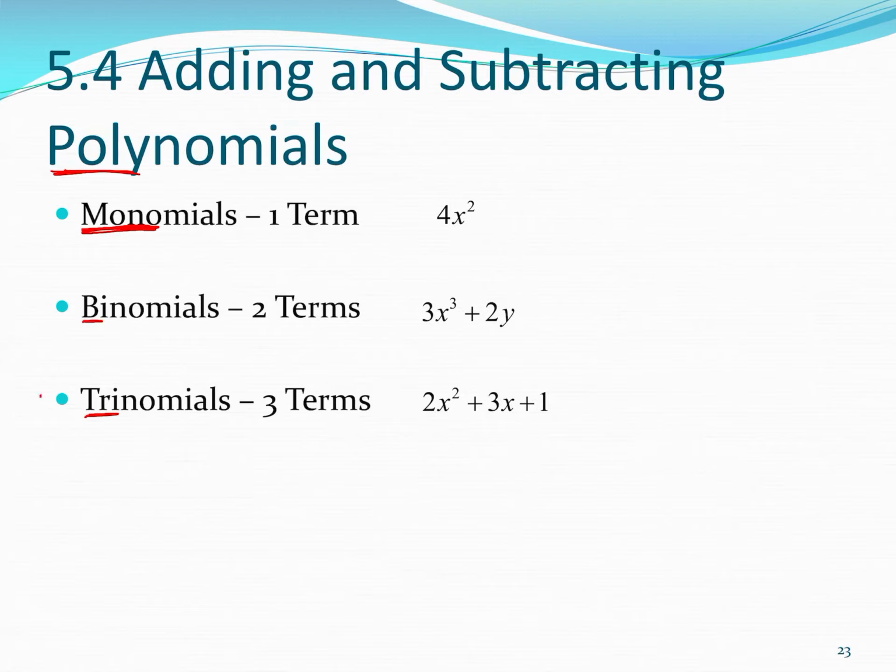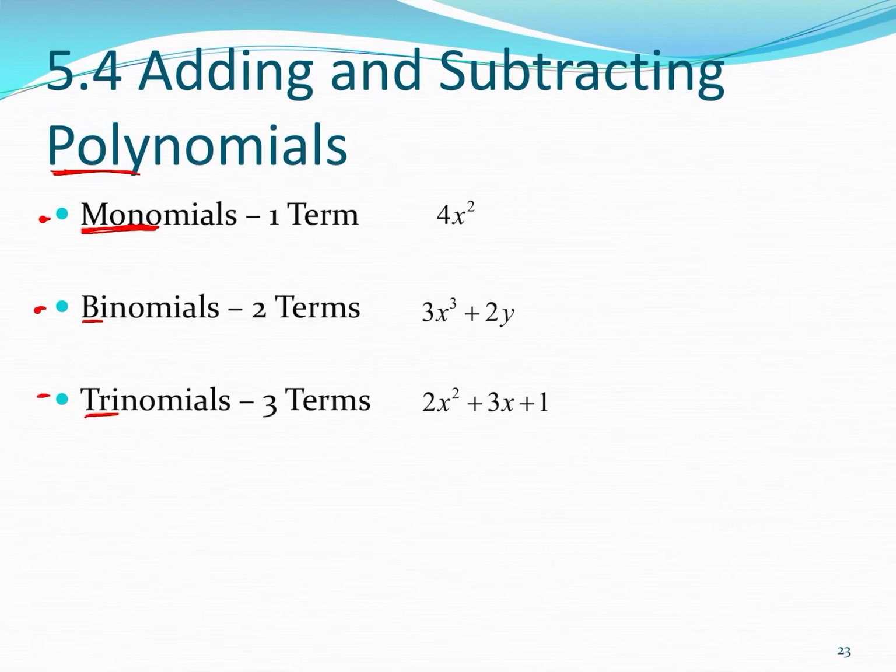Now, if the polynomial has more than three terms, we simply call it a polynomial. You see that word here at the top of the screen. What does the prefix poly mean? Well, hopefully you know it means many. And so if we have more than three terms, we call it a polynomial. However, you need to understand each of these could also be considered a polynomial.